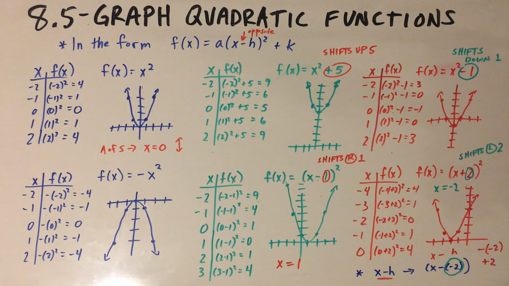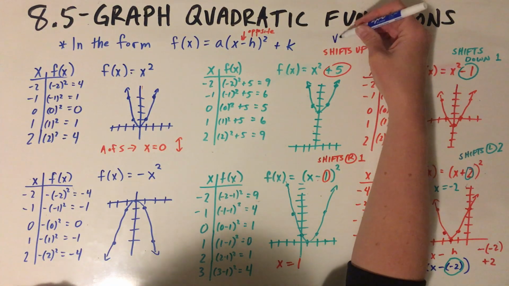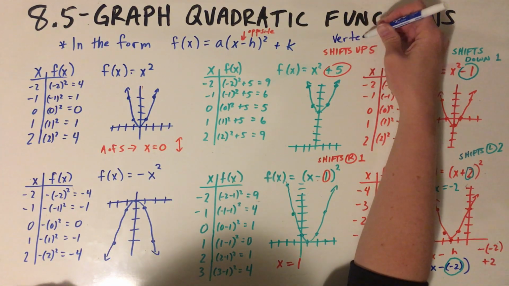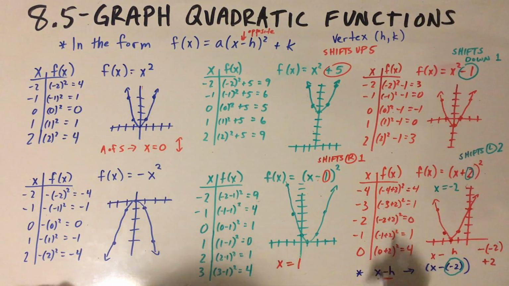And we could identify all of these vertexes as well. The vertex is going to be the h value and the k value. So when we talk about vertex, the vertex is going to be whatever h is and whatever k is.